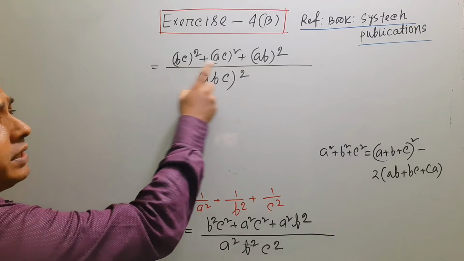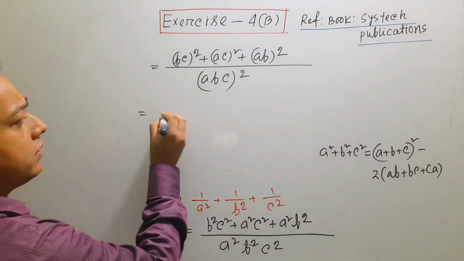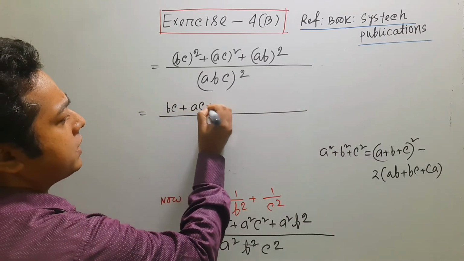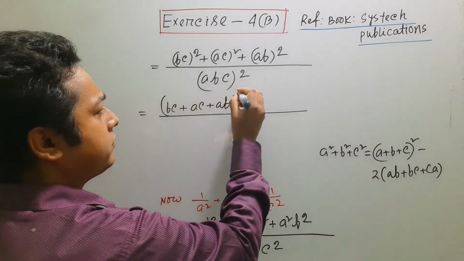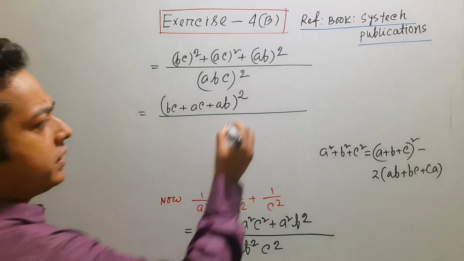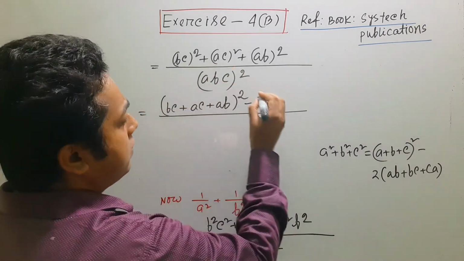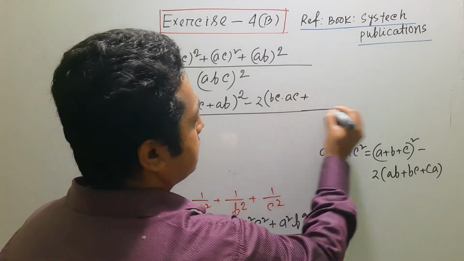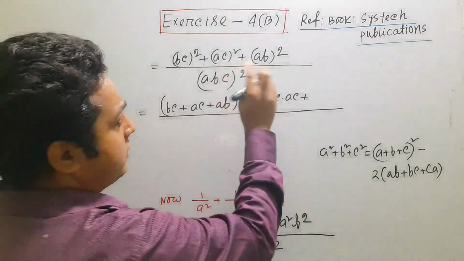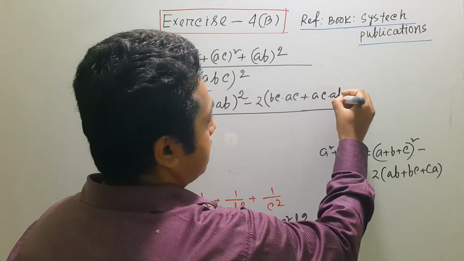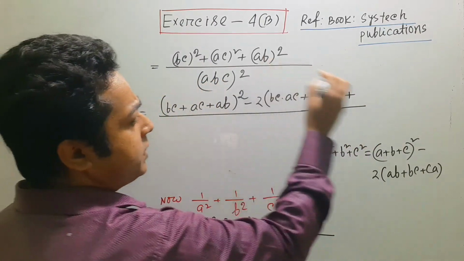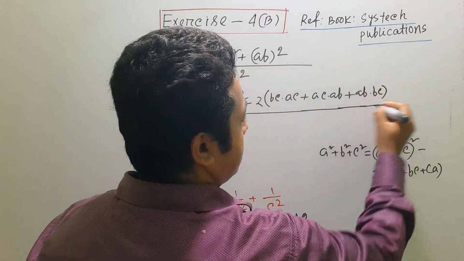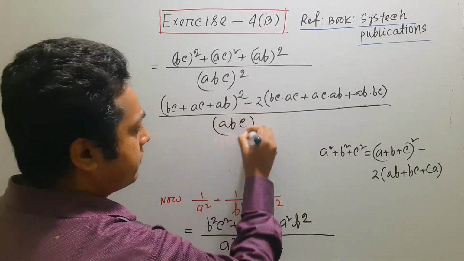We think of bc as a, ac as b, and ab as c, and according to this, bc plus ac plus ab whole square minus 2 into ab, bc into ac plus bc, ac into ab, plus ca into ab and bc, divided by abc whole square.